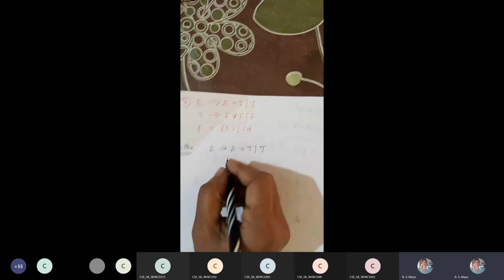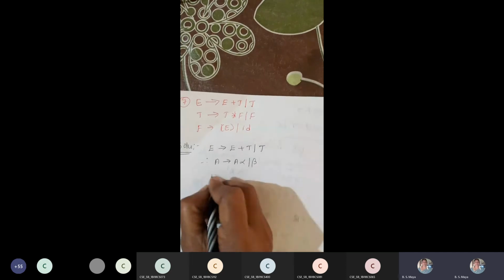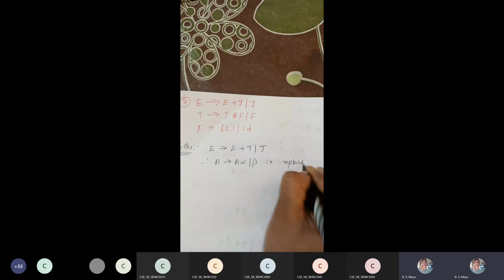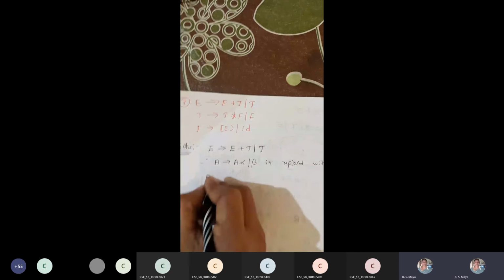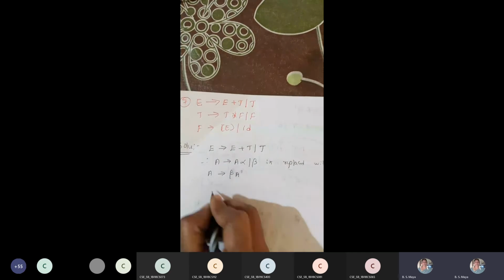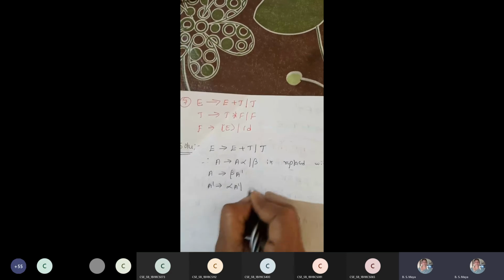See, the grammar is of type A derives A alpha or beta. Only one time you write it. It is replaced with A derives beta A dash, A dash derives alpha A dash and epsilon.